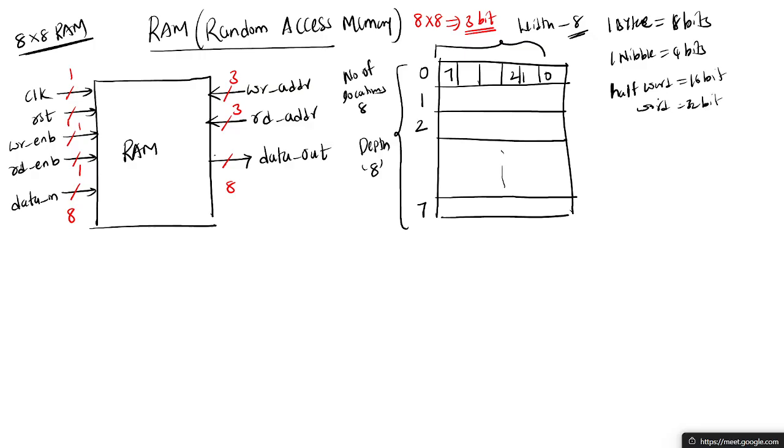You have that RAM is initialized like 1 kilobyte, 2 power 10 locations. 1 megabyte is 2 power 20 locations. 1 gigabyte, you have 2 power 30 locations.